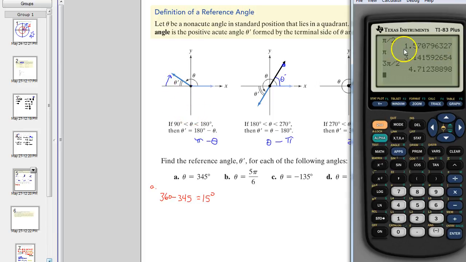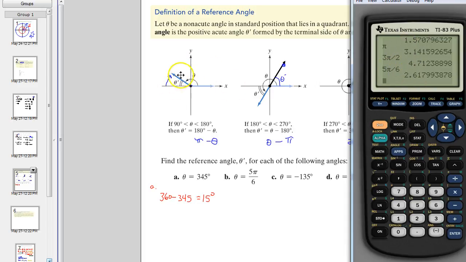So there are the decimal equivalents for pi over 2, pi, 3 pi over 2. For 5 pi over 6, I get this number, 2.61. That's between 1.57 and 3.14, so that's between pi over 2 and pi. So that means 5 pi over 6 is in quadrant 2.